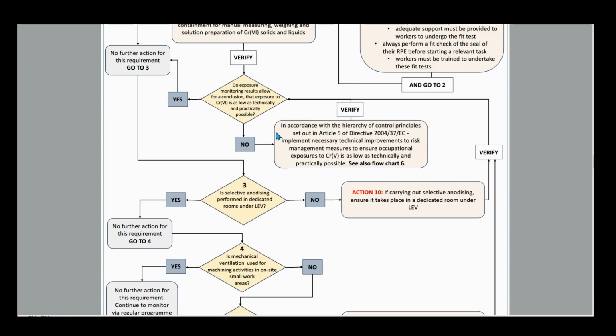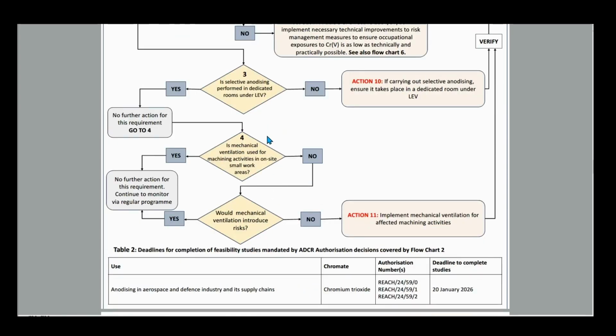Then proceed to question number 4. Question 4 is asking if mechanical ventilation is used for machining activities in on-site small work areas. If this is the case at your site, you do not need to take any further action for this requirement and can continue with the regular monitoring programs.